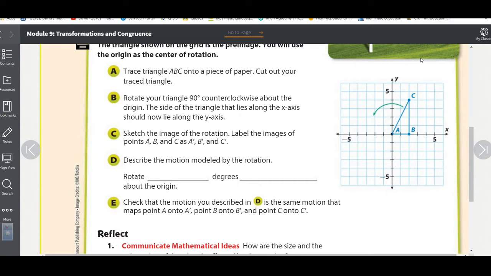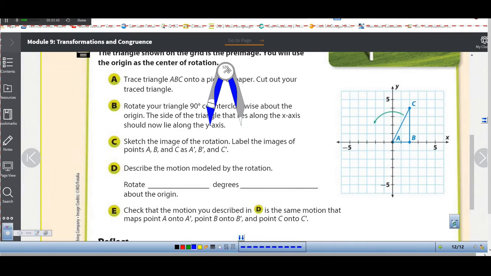All right, so I'm going to start now by making a circle that's going to show us where those points should be. So I'm going to make a blue circle right here for point B. And as you can see, point B is going to travel along that circle.